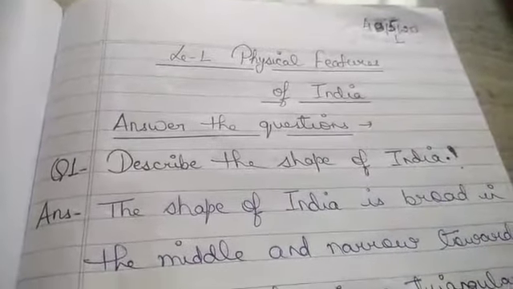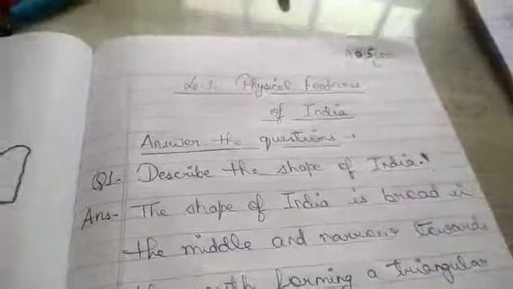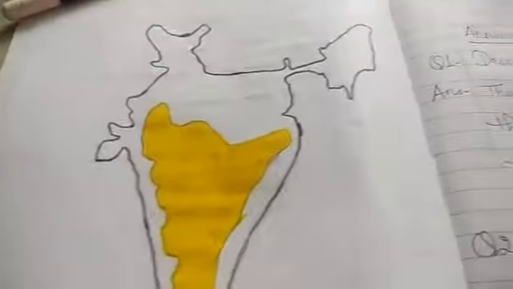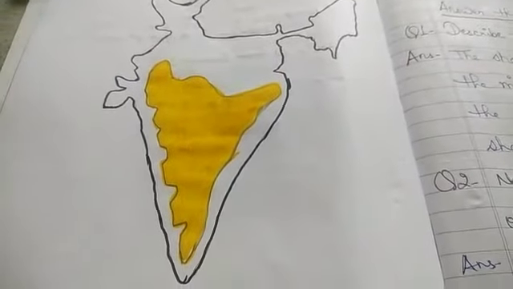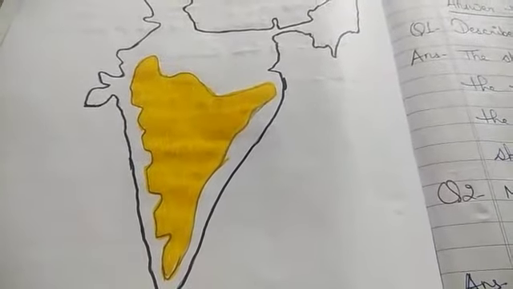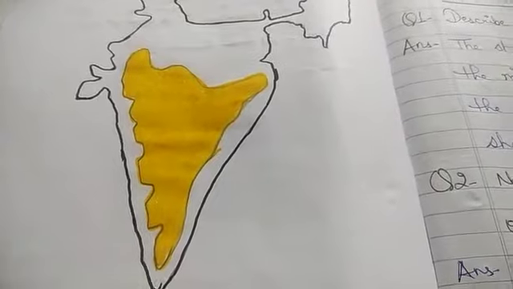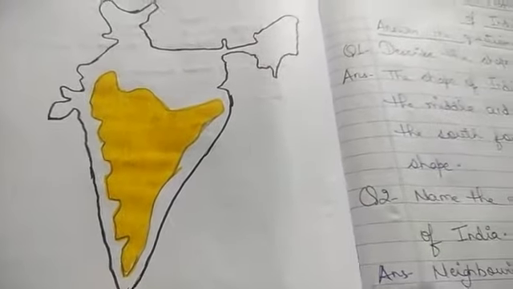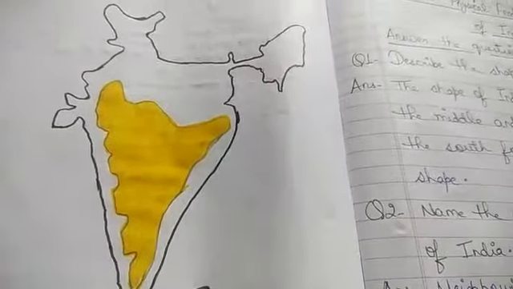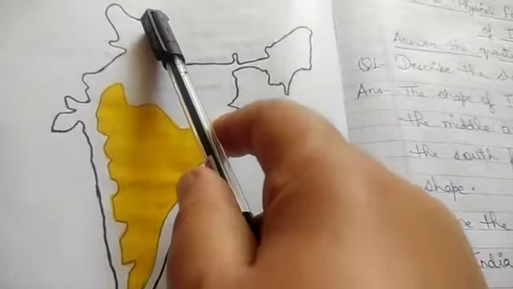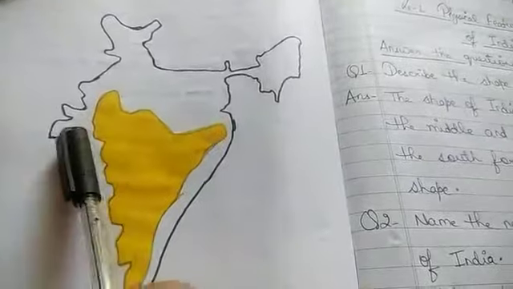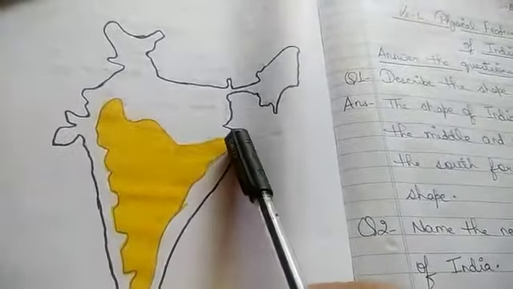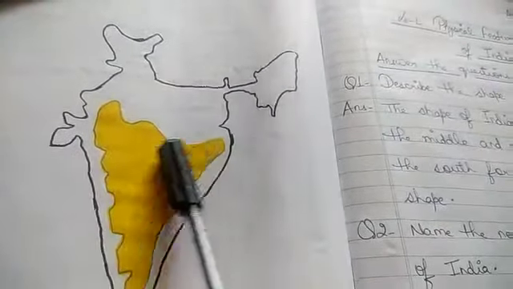Before telling you this answer, I am going to show you something. See, children, what is this? Yes, I know you have understood it. This is the outline map of India. I just want to show you the shape of India, children. If you come from this north side, you see this part is broad. This is the maximum broadness of this map.